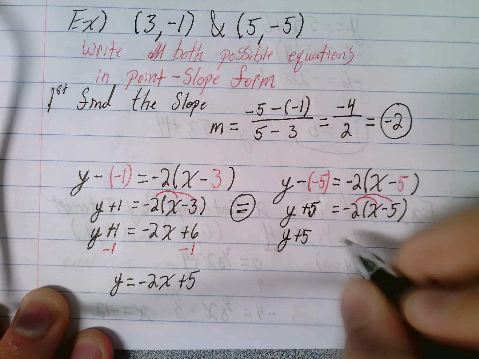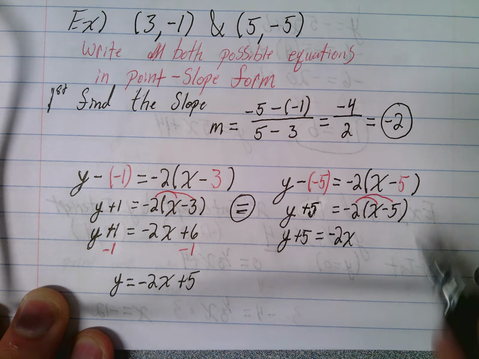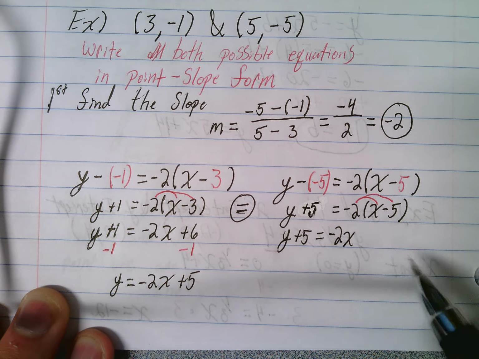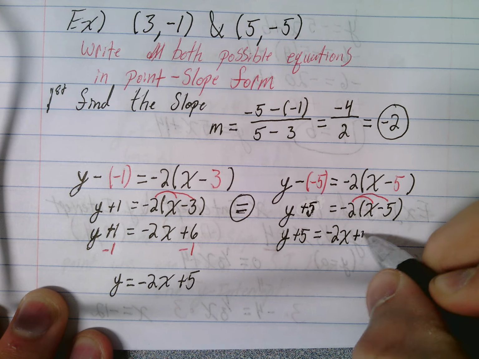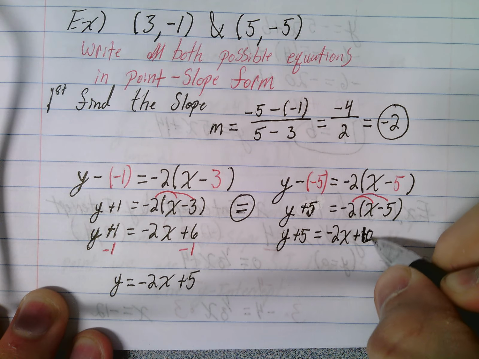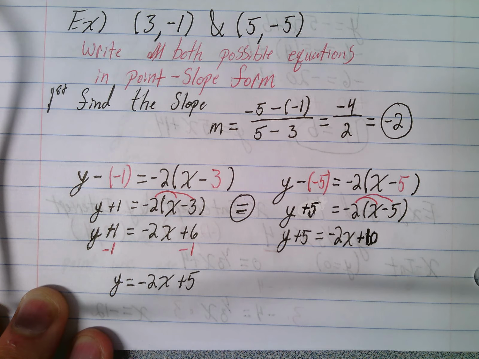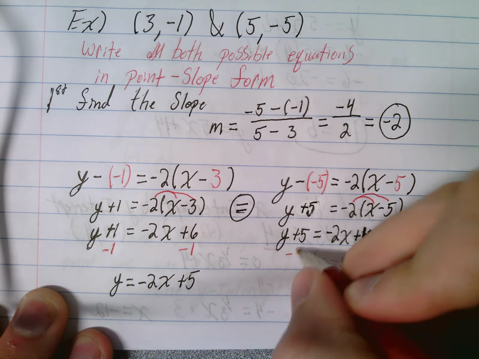Y plus 5 is equal to -2x. What's -2 times -5? +10. And I wrote a 5. That was clever of me. +10. How do I get rid of that plus 5? Subtract 5.